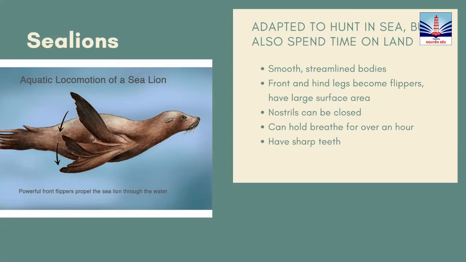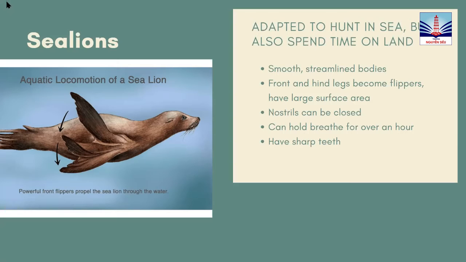Their nostrils can also be closed because when they dive, water would get into their lungs if their nostrils were open. They can also hold their breath for over an hour, and they have sharp teeth, which help them to hunt and catch prey. You don't have to copy this. It's just an example.